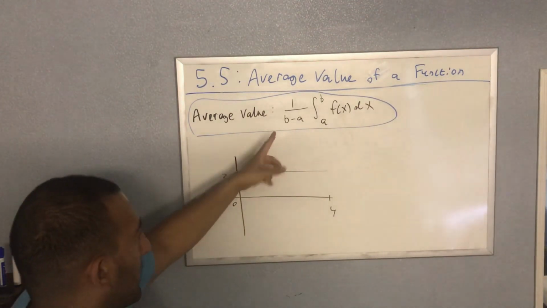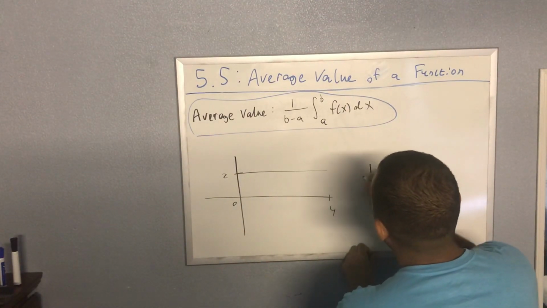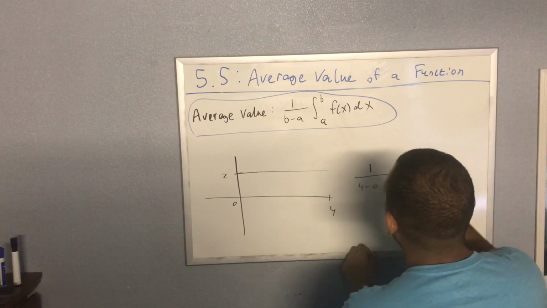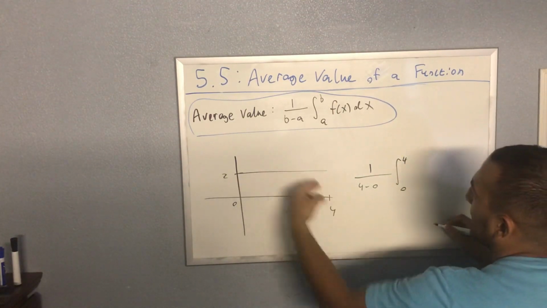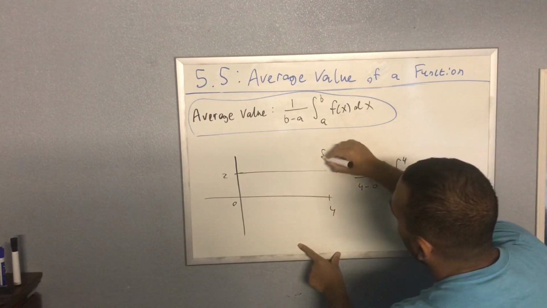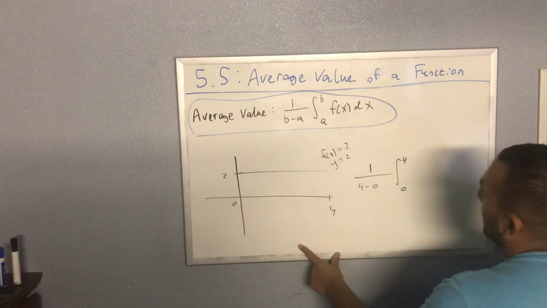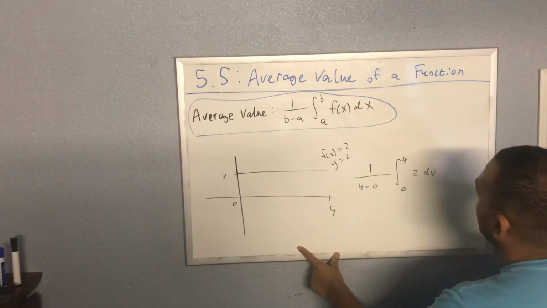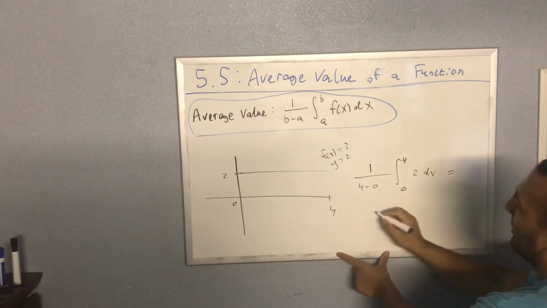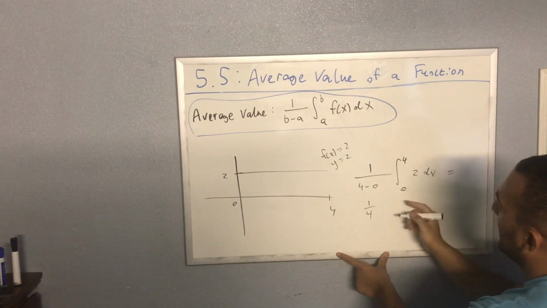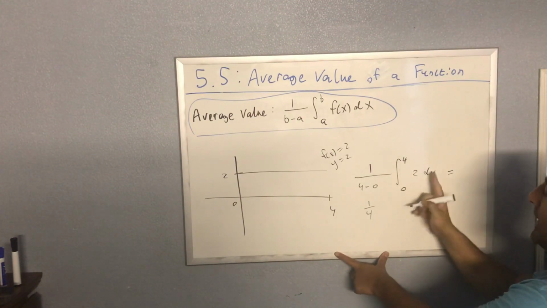So let's see what happens when we plug it into this formula. The formula would tell us that the average value is 1 over 4 minus 0, the integral from 0 to 4 of our function, which is just 2, right? f of x equals 2, aka y equals 2, of just 2 dx. Okay? And so this is now 1/4. And then remember, if you have a constant, its integral is just tack on an x.